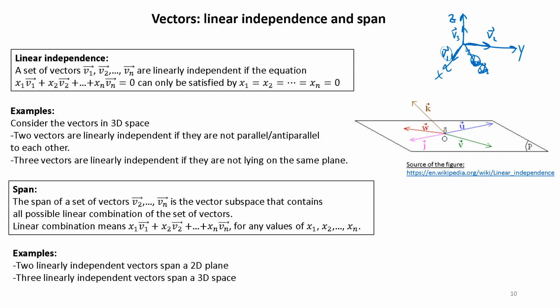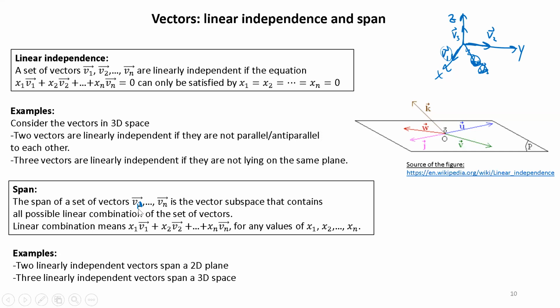Then one other definition that is closely related is known as the span. The span of a set of vectors, from V1 to Vn, is the vector subspace that contains all possible linear combinations of this set of vectors.